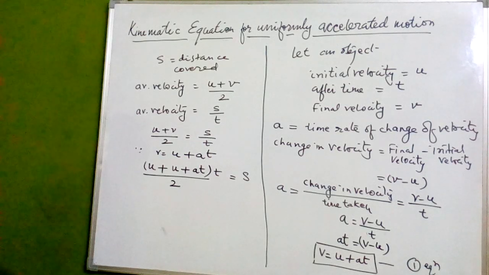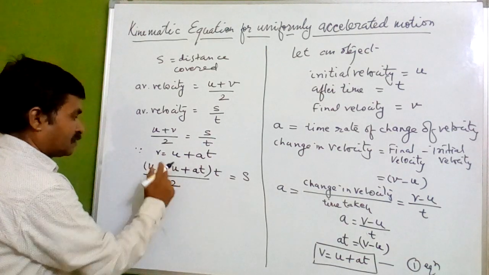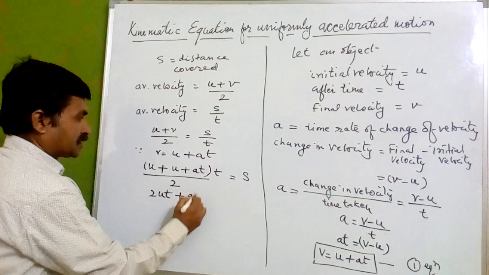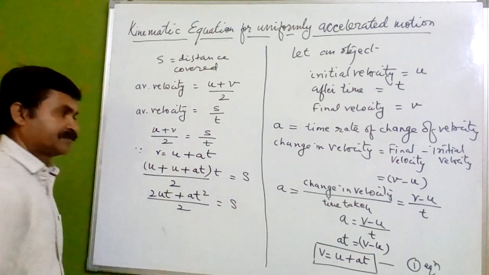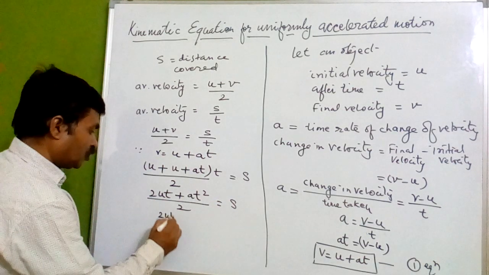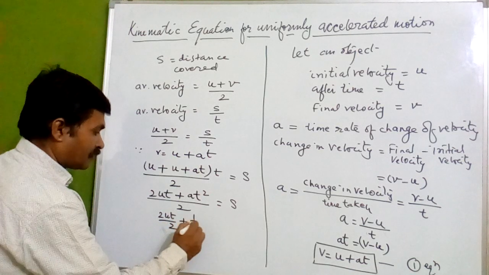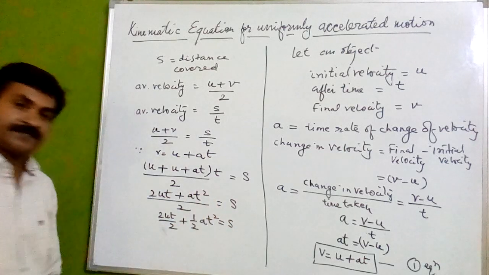Okay. Now what we have got? This is 2u, and t is multiplied: (2ut plus at square) divided by 2, which is equal to s. Now we can separate it: 2ut upon 2 plus 1 upon 2 at square, which will give us the s.